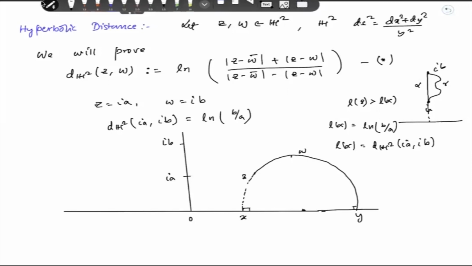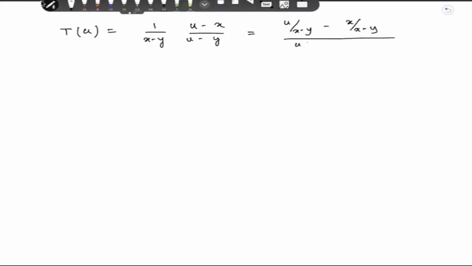Now if I take this transformation T of U equal to 1 by (x minus y), times (U minus x) divided by (U minus y), which is nothing but (U by (x minus y) minus x by (x minus y)) divided by (U by (x minus y) minus y by (x minus y)).